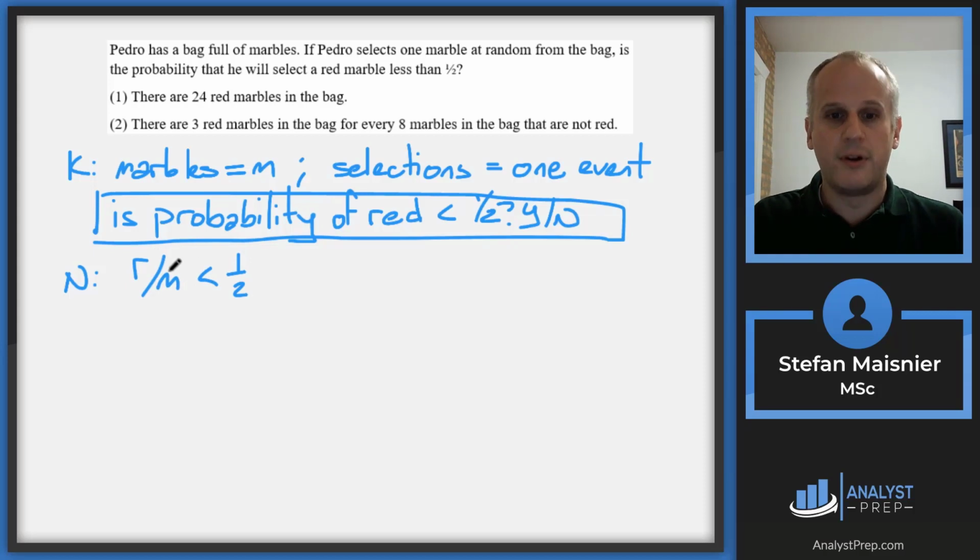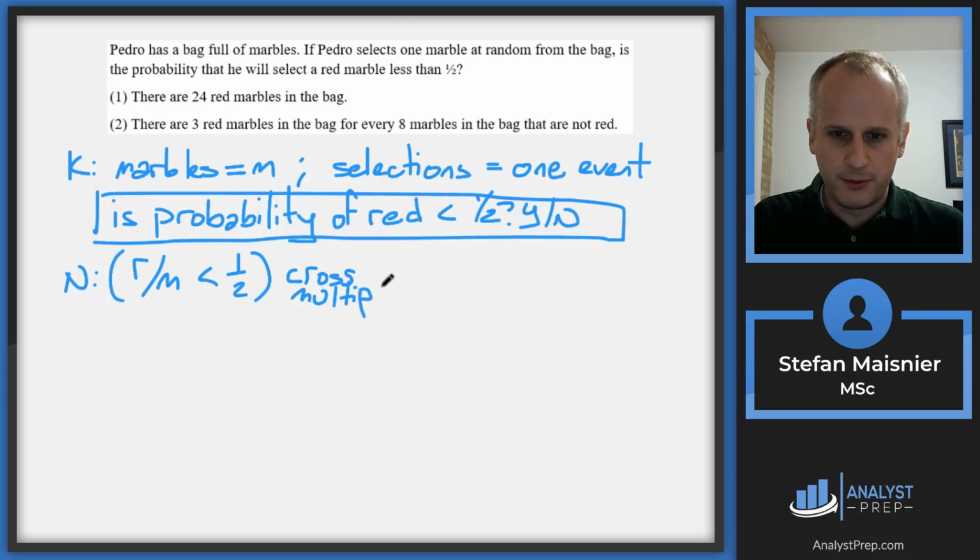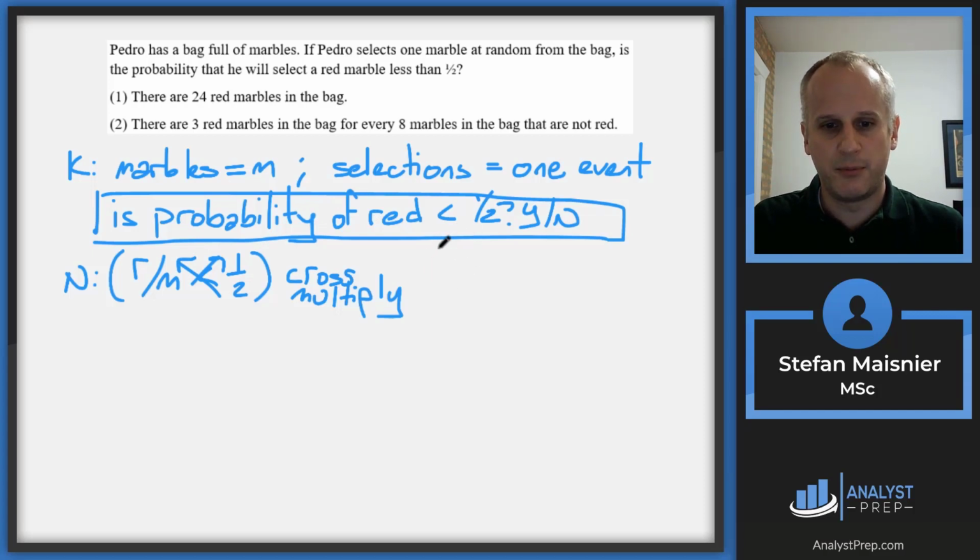And remember that we can also do some manipulation up front for anything algebraically, and we really want to get rid of fractions in most cases, so we're just going to cross multiply here to get ourselves in a position where we'll be able to evaluate this inequality more directly, knowing that since the number of marbles has to be positive, we don't have to worry about flipping the inequality sign.